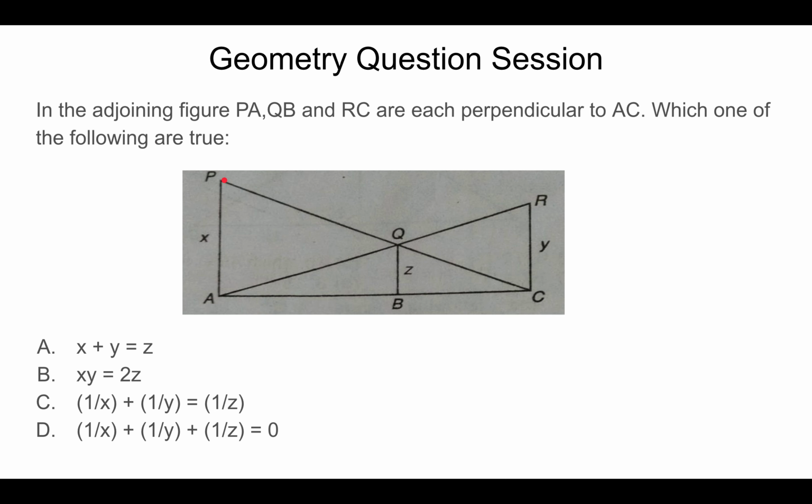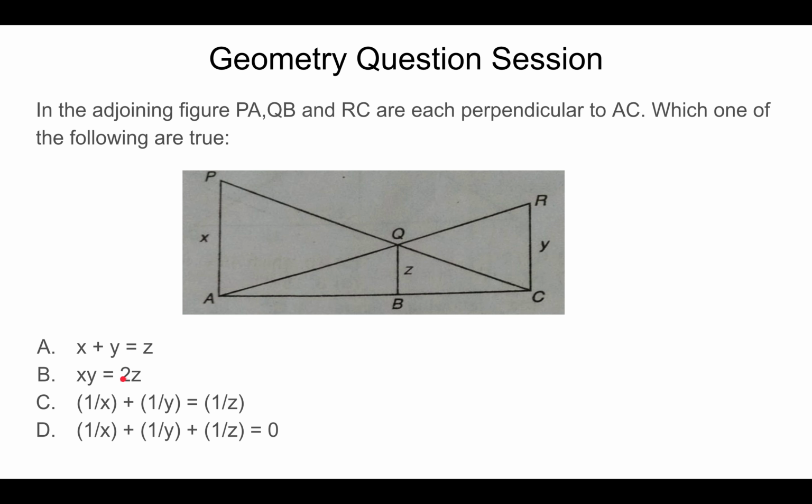But any line drawn in the triangle PCA and not going beyond these two sides, so always x will be greater than z, and the same with y will be greater than z. So we can absolutely say that x plus y will be greater than z.